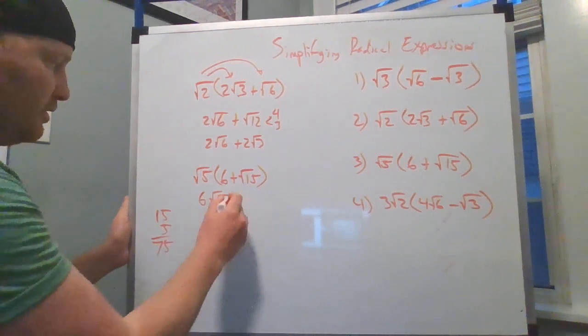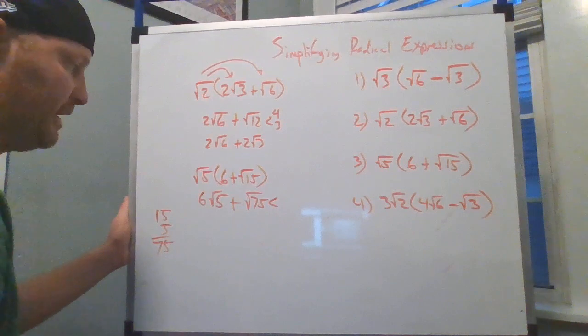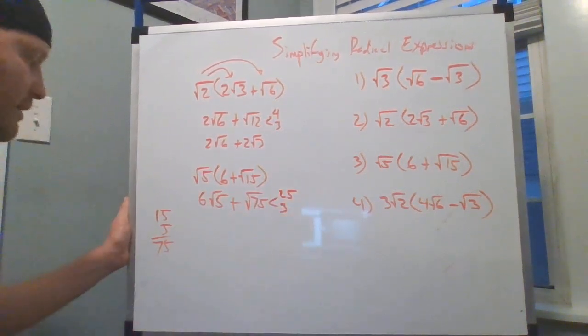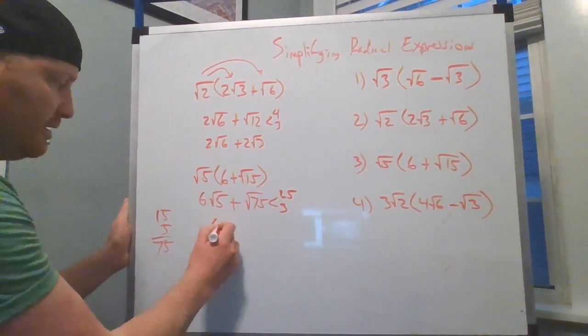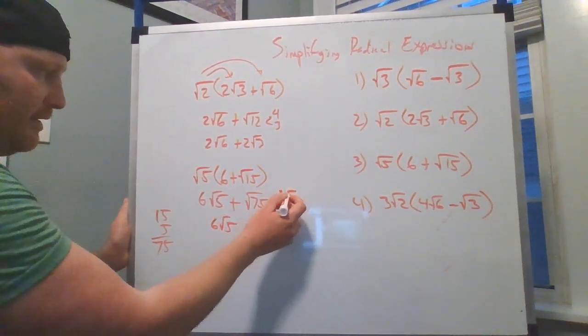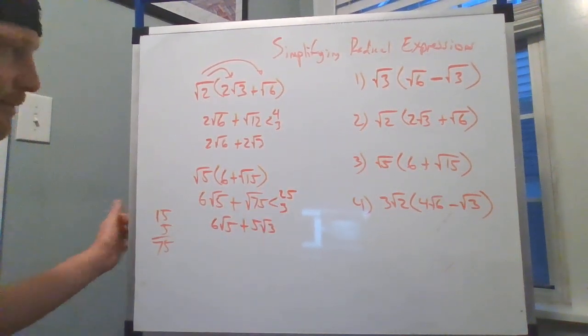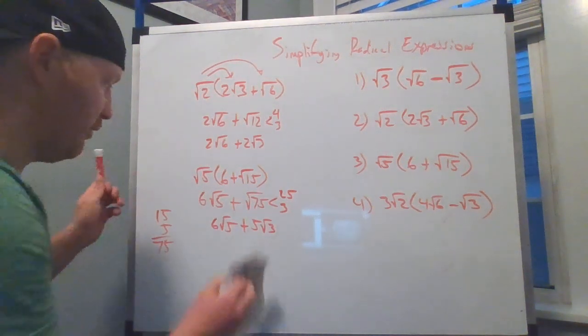Ooh, this is a nice one. So plus radical 75. And my radical 75 has a 25 and a 3. So, because we know this, break it down. We got 6 radical 5. This comes outside as a 5 plus 5 radical 3. And that's how you do something like number 3. Do number 4 right now, and then move on to the next one.